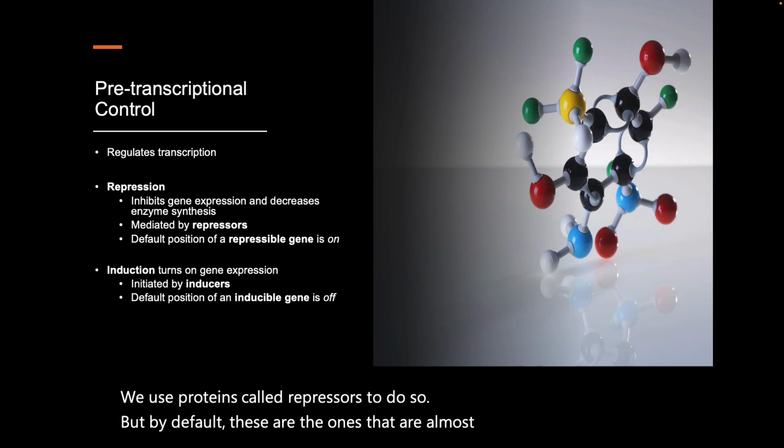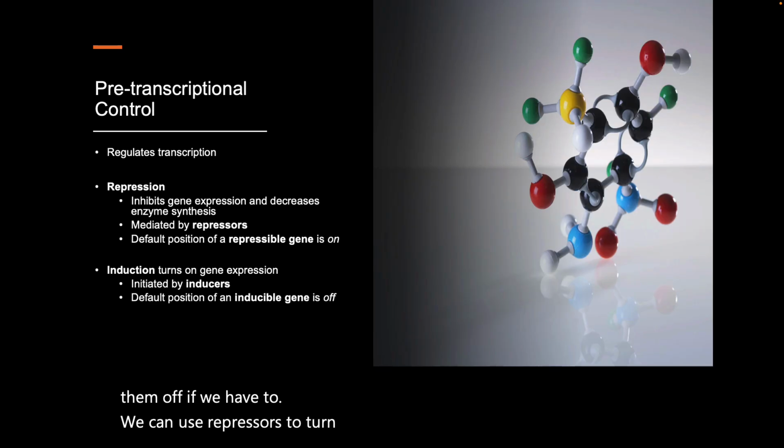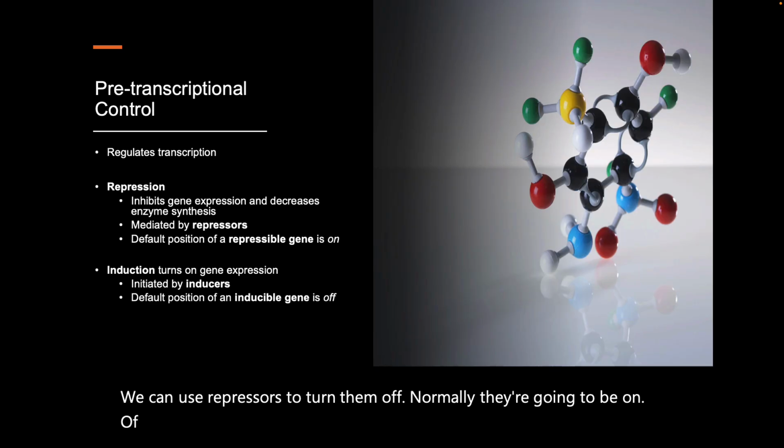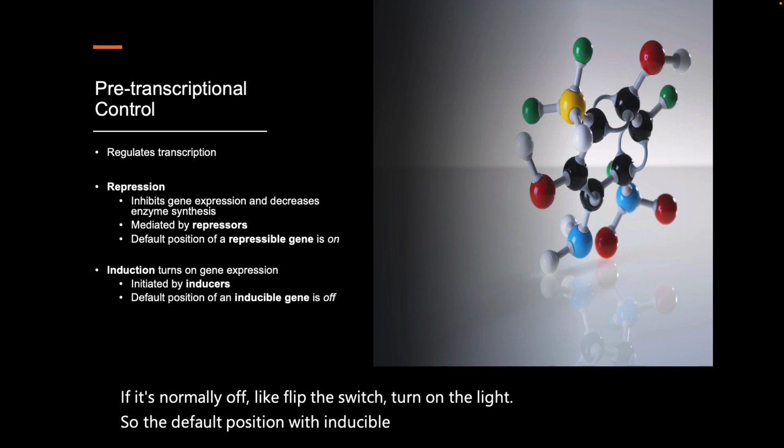We can turn them off if we have to. We can use repressors to turn them off. Normally, they're going to be on. Of course, the other option is to induce gene expression. We can turn it on if it's normally off, like flip the switch, turn on the light. So the default position with inducible is off, but it can be turned on when necessary.